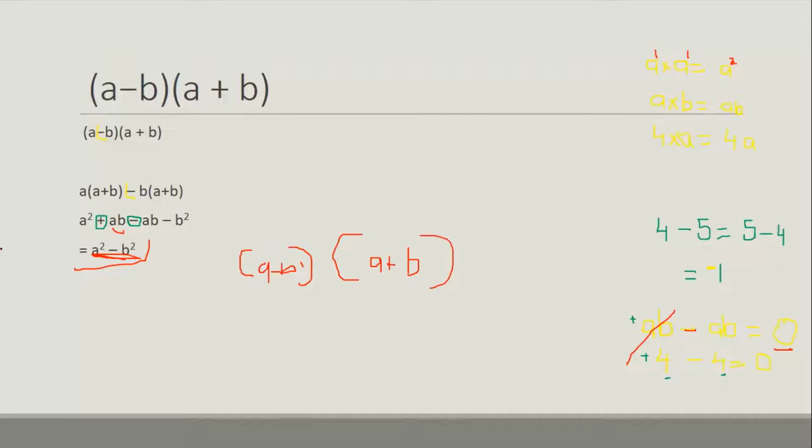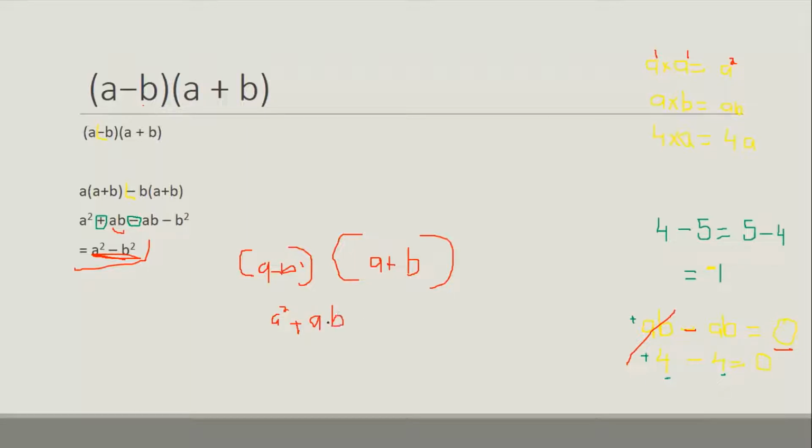If you see numbers that are squared and you're asked to put them into double brackets, all you have to do is a minus b into a plus b, because it will always get you back to a squared minus b squared. Now imagine this is a times a. Remember you multiply this times what's here, so a times a will give you a squared, and then a times b will give you ab.